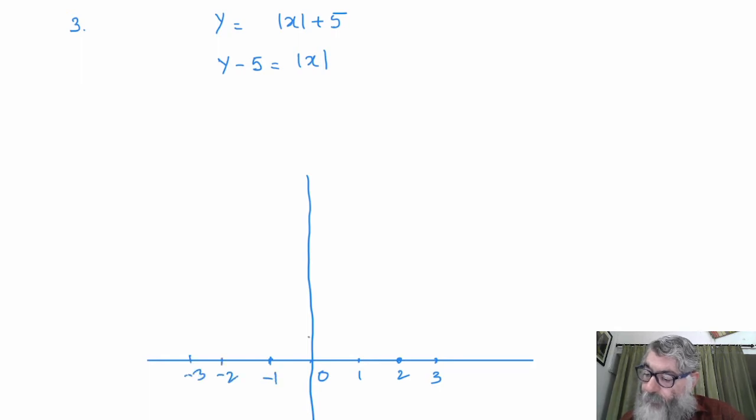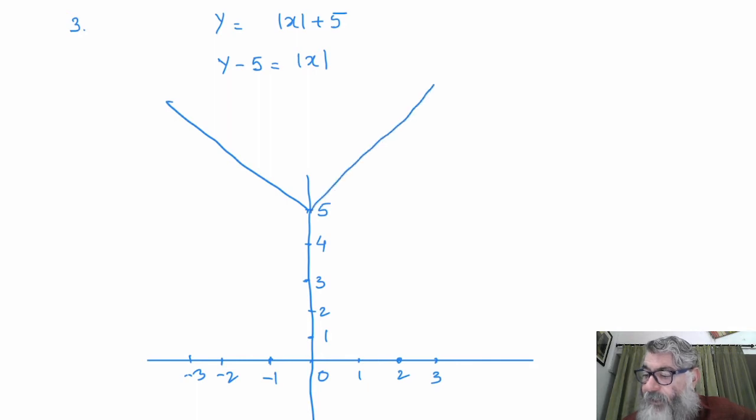Now let us go upward: 1, 2, 3, 4, 5. If I have to draw y is equal to modulus x, that will pass through 0. y minus 5 means I am going to shift it to the positive side. This curve will be like this.